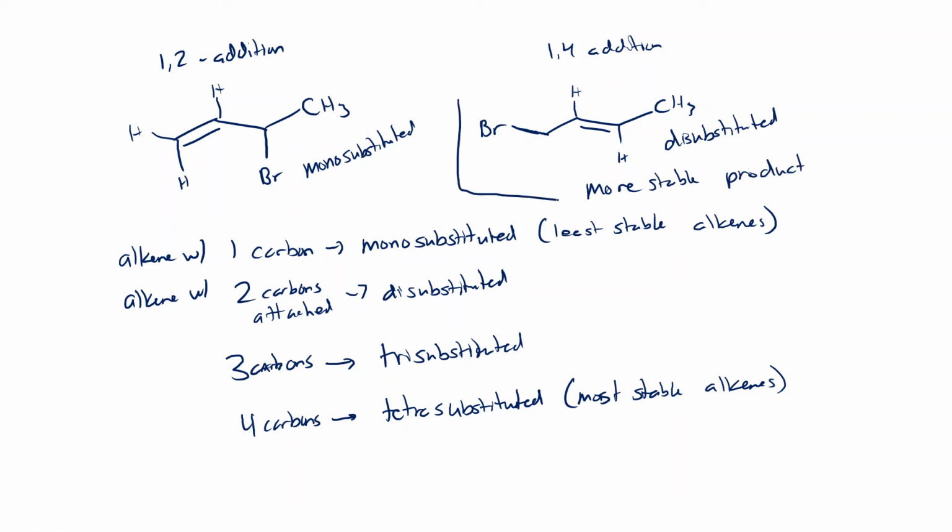Okay, so that makes sense, right? That's easy enough. We look at the alkene, we figure out how many carbons are attached to it. That's our more stable product. It would make sense that that would be the favored product, the product that we're likely to get out. It's not that simple, right? There are other things we have to think about. Let's look at this a slightly different way.